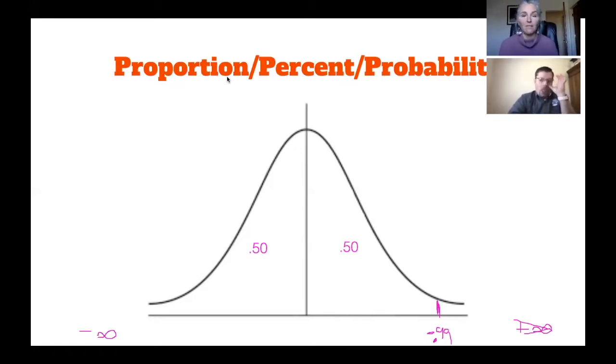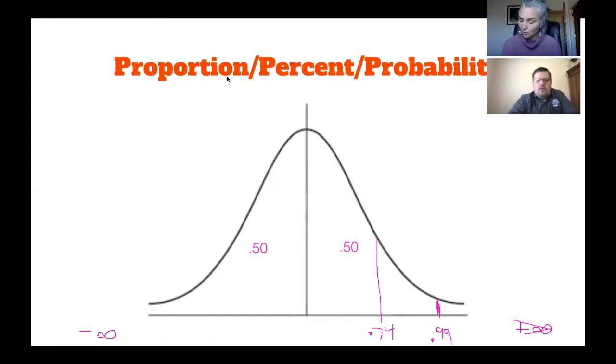Now, if I were the 74th percentile, my lower bound would still be negative infinity. My upper bound would now be 0.74, because that's going to give me all the probability, all the proportion, all the percent, all the way up to that point. That's only with percentiles for the most part.